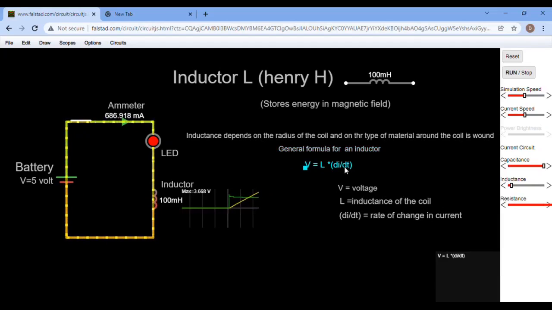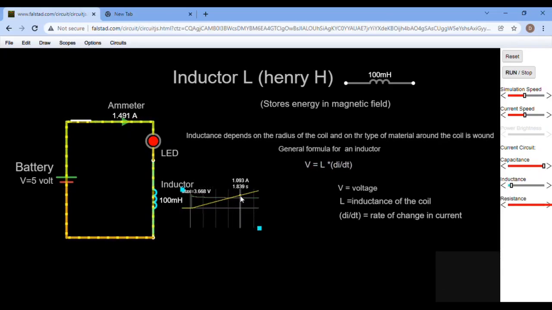Here why are we using di by dt? That is differentiation, because we don't have a constant current here. The current keeps varying with respect to time. V is the voltage, L is the inductance, and di by dt is the rate of change of current with respect to time. What if the current is constant? Then di by dt will become 0, and then the entire voltage will become 0. This is what happens.